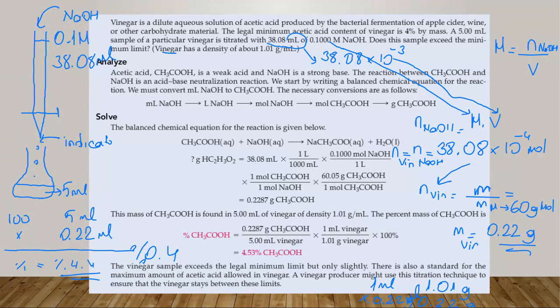First of all, you find the sodium hydroxide mole, and this equals the vinegar mole. Then from the mole you will find the mass, and the proportion here you will do like that, the proportion to find the percentage.